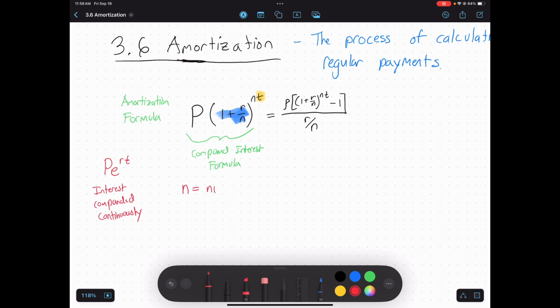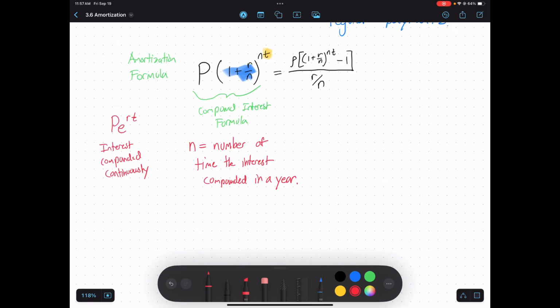N equals the number of times the interest is compounded in a year. For example, the simplest case: if you're only earning interest one time a year, then n would equal 1. If your loan waits until the end of the year before you earn interest on it, your n would equal 1. Another common example is monthly compounding.